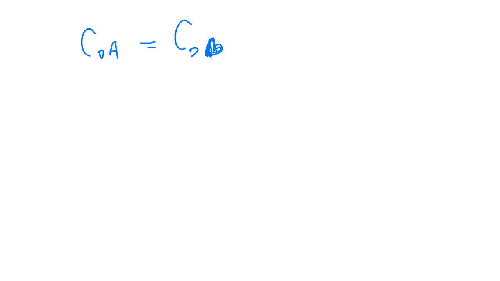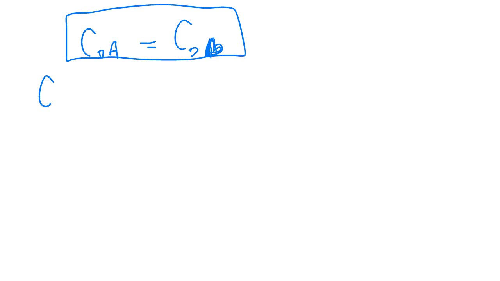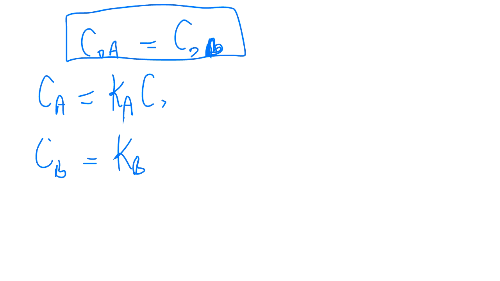Assuming that I tell you the initial capacitance for plate A is the same as for B, then my new capacitor CA will be equal to kappa A times C0, and the new capacitor CB will be kappa B times C0.